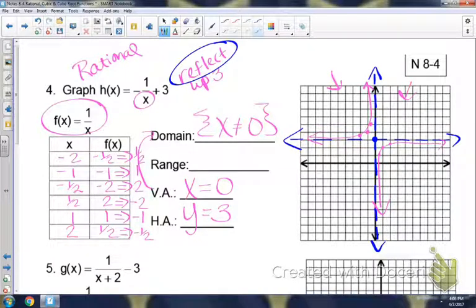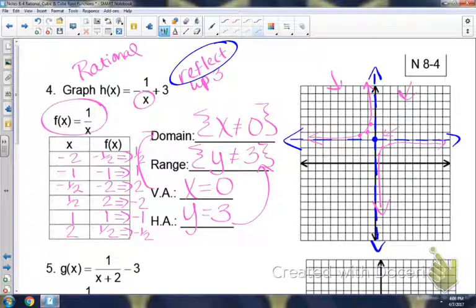The range is also all real numbers, but it's except that horizontal asymptote. So y cannot equal 3. You can look at it here. You're not using that y value there, but all the other y values.